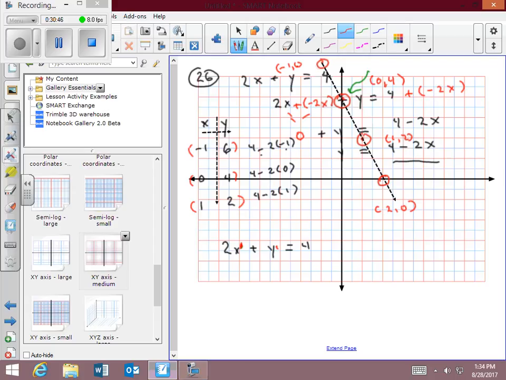Then every point on that line is a y-intercept. Makes sense? So horizontal and vertical lines are the ones that don't meet the criteria. As long as you aren't vertical or horizontal lines, then every line has an x-intercept and a y-intercept, okay?